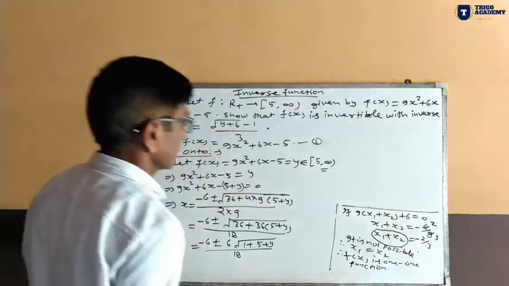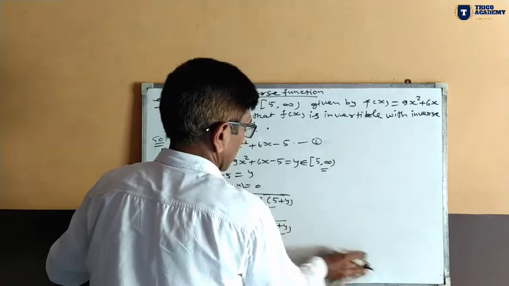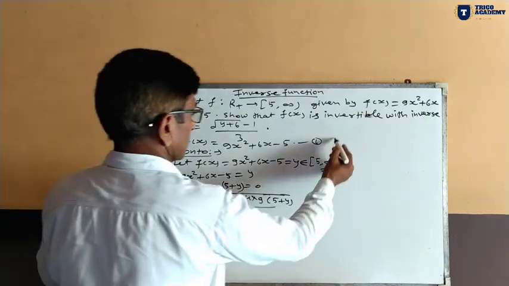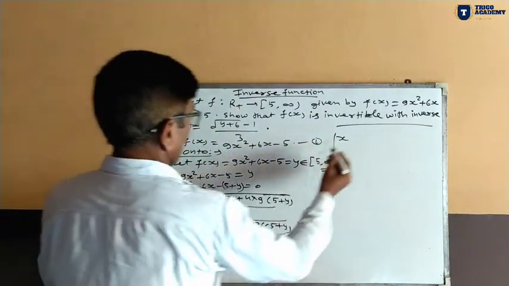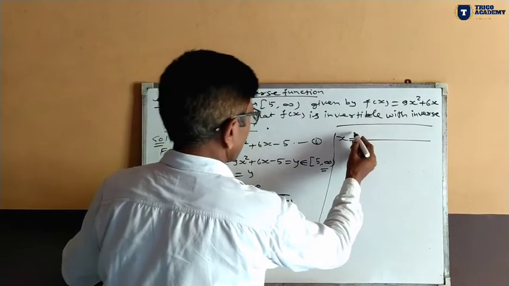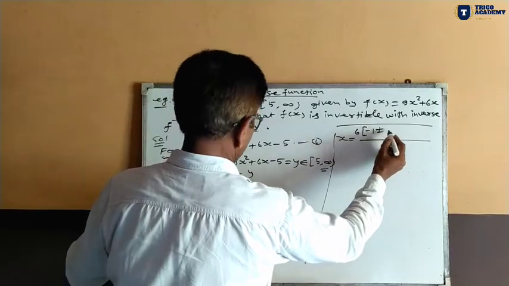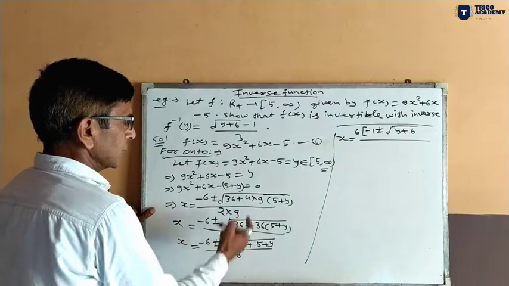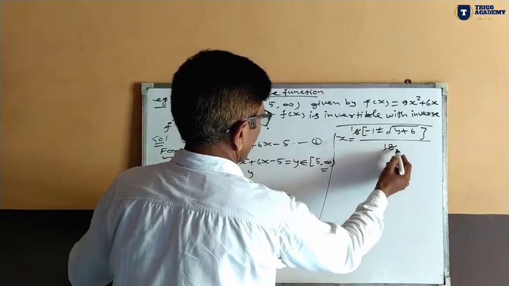After this, x, we take 6 as common, so x equal 6 into minus 1 plus minus root y plus 5 plus 1, that is y plus 6, upon 18, 6 threes are 18.